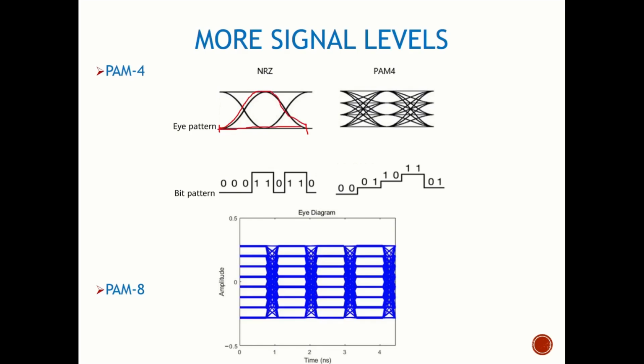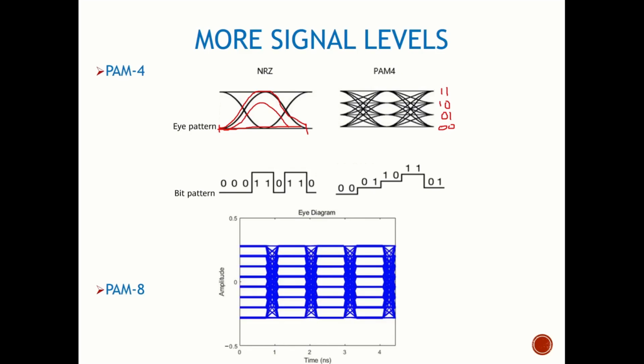Now if you want to increase the bit rate, we can increase the number of levels. Let's say this is for 00, this is for 01, this is for 10, and this is for 11. In this way, by keeping the same pulse width, we are transmitting more bits per second.